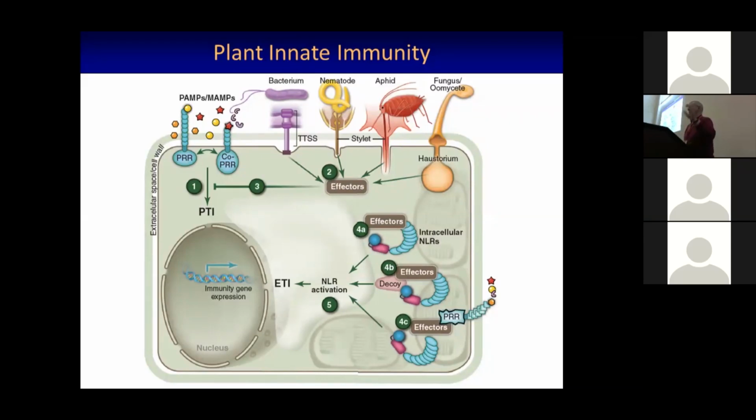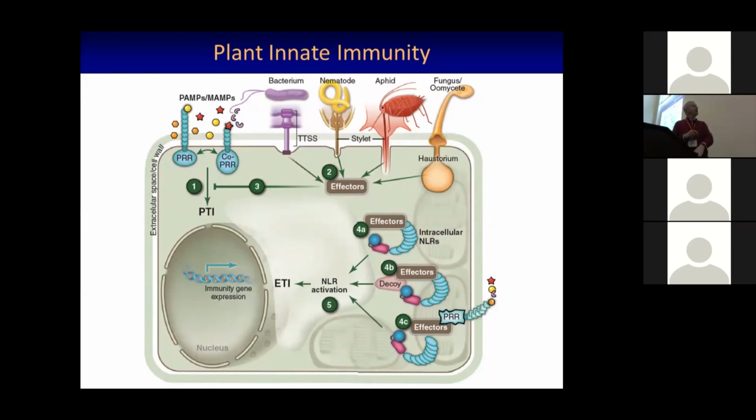They either modulate or inhibit the immune system. And often they're targeting the PAMP-triggered immune system. Okay, so you have these organisms like bacteria, nematodes, aphids, fungi, or oomycetes such as Phytophthora that can inject these effectors in, and oftentimes they can inhibit this pathway. But they do many other things. Okay, this is just for an example in this particular case.